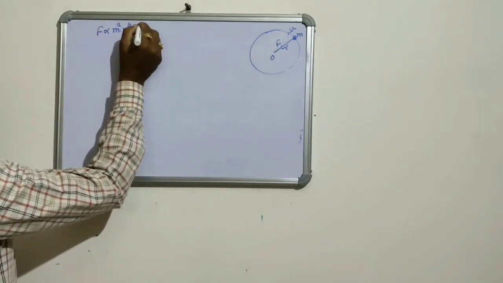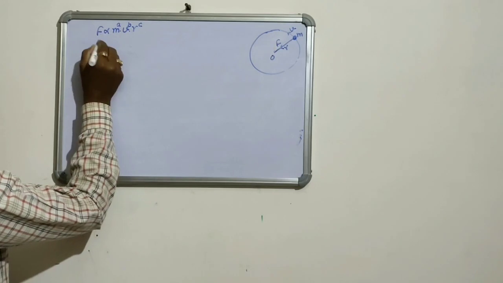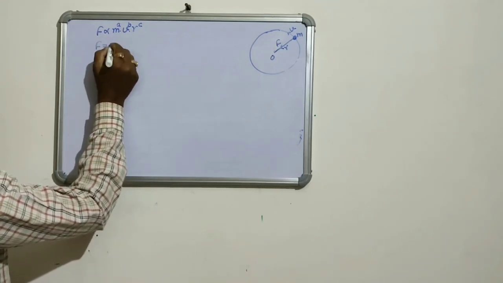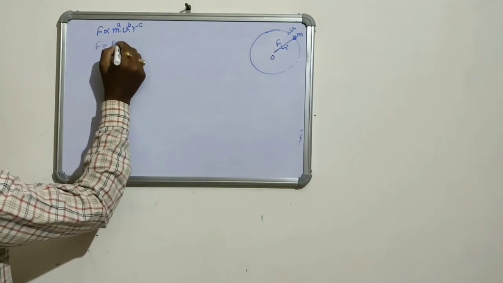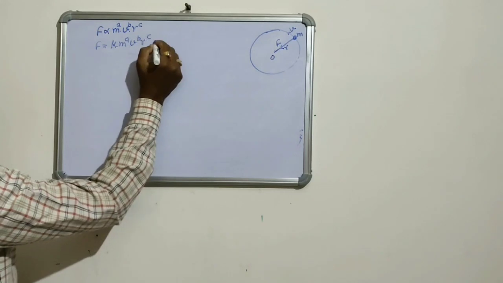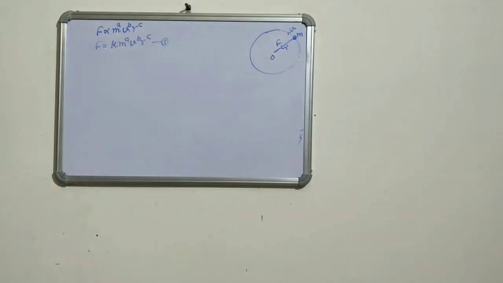Power a, power b, power c. So the step is to remove the proportionality sign and use equals with a constant K: F equals K M^a V^b R^c, equation number 1.